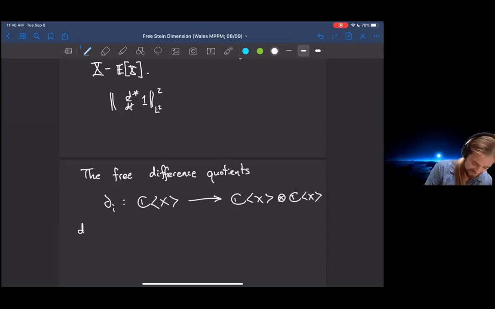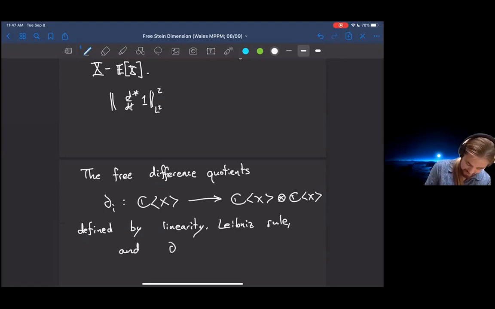And they are defined by linearity, the Leibniz rule, and the condition that if I take the ith derivative of the jth variable, I should get 0 unless i equals j, in which case I get 1 tensor 1.